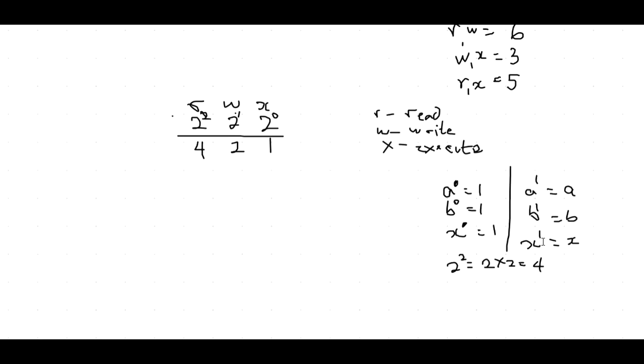Let's write it again now. Read, write, execute. So we have 4, 2, 1.